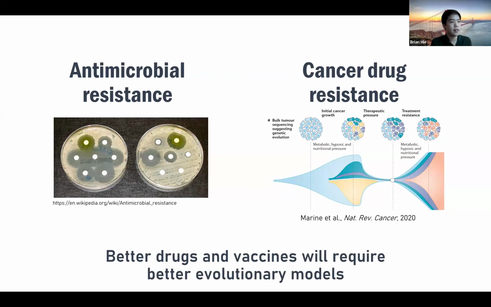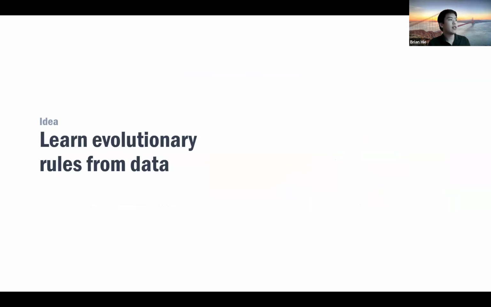So the approach that I and others have been taking to this problem is, rather than just laying out a set of evolutionary principles from first principles, we're actually just going to learn evolutionary rules directly from data.